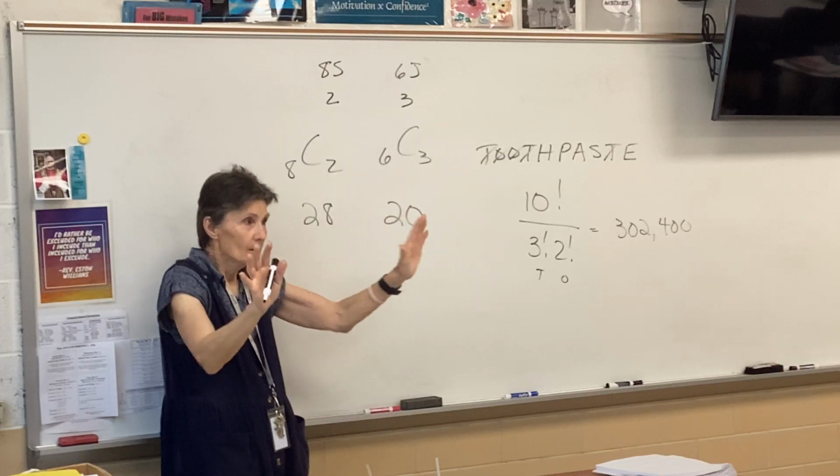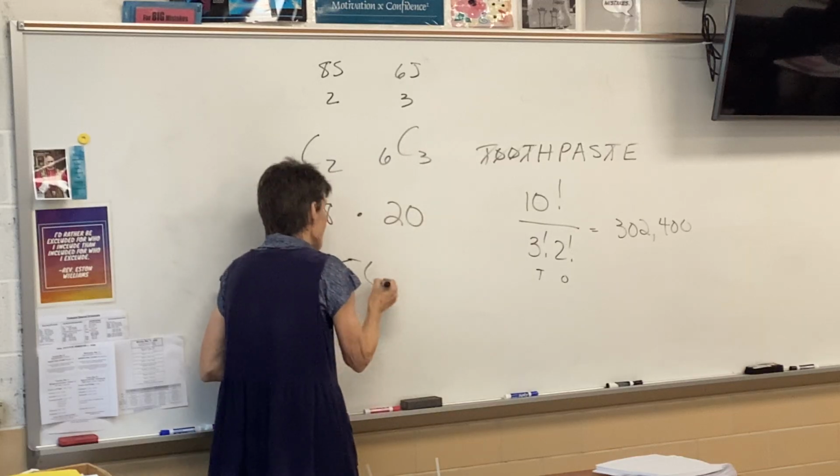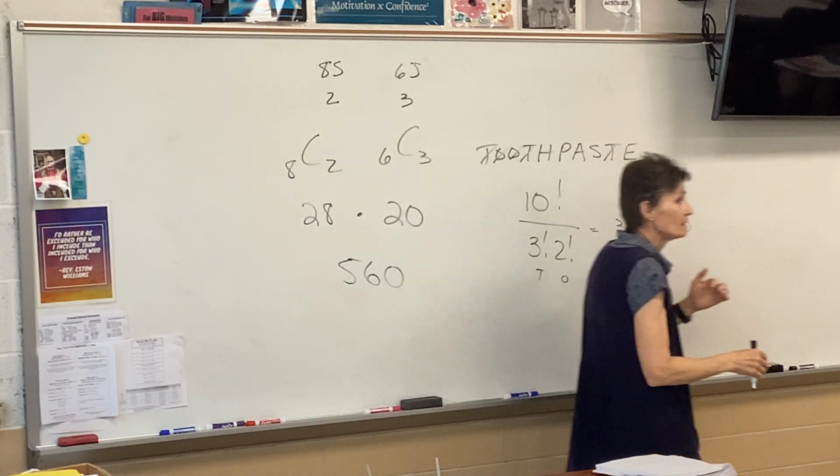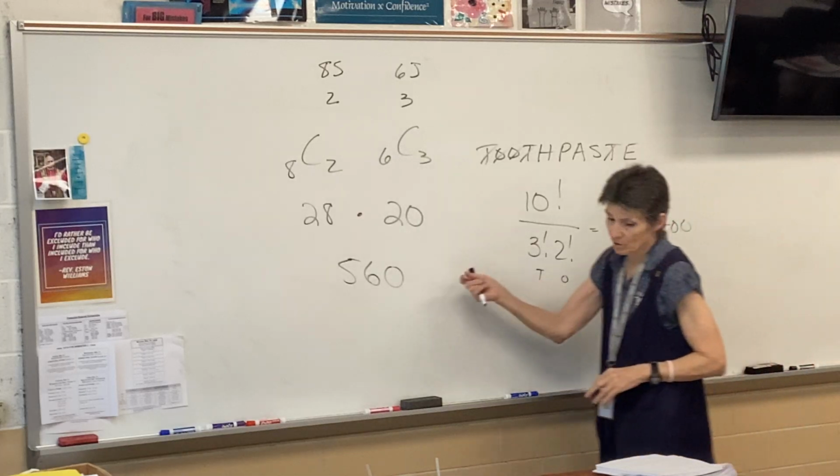Kids, we talked about this. You just gotta know that and means multiply. What means add? Or. If I were picking boys or girls, or juniors or seniors, I would add. But I'm not. I'm picking both, seniors and juniors. So those options get multiplied. It's like a jumper and a shirt. So the answer is 560.